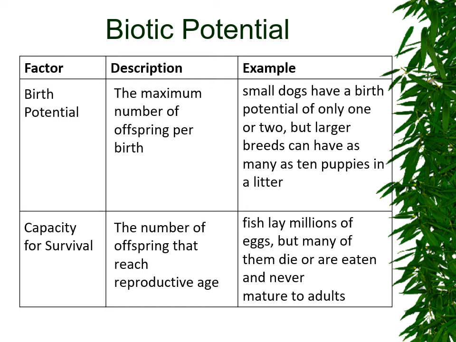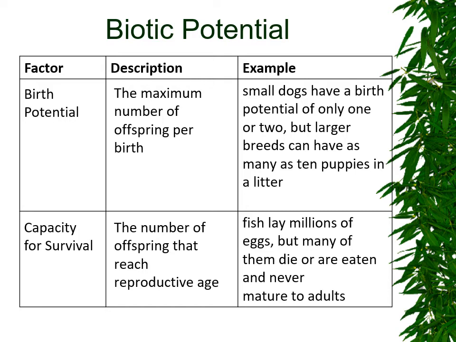Turtles lay hundreds of eggs on the beach, and when those turtles hatch, only so many are going to make it out of the hole, only so many are going to make it to the water, and even fewer are going to make it in the water to an age where they can then reproduce. That's capacity for survival.